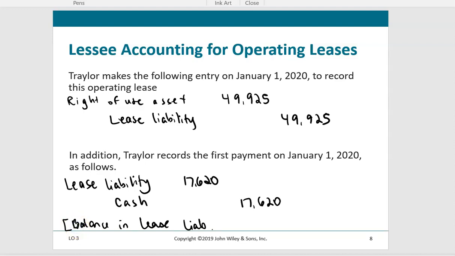But we do need to measure the interest component. So remember, what determines the interest component? It's the balance in that lease liability. So after this cash payment is made on January 1st, the balance in the lease liability goes from 49,925, reduced by 17,620. So the balance in the lease liability after these two entries are recorded is 32,205.